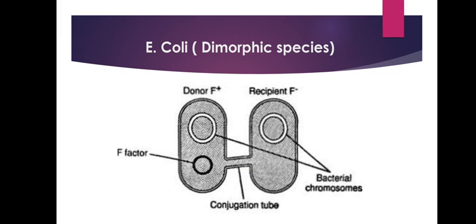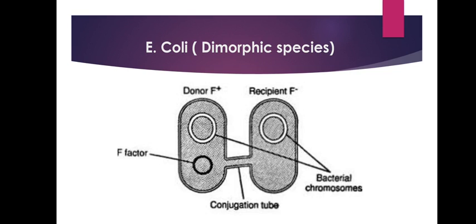Then let's discuss something about E. coli. E. coli is a dimorphic species. Dimorphic species means it contains two types of cells, F positive or donor, and F negative or recipient. Now what are F positive cells? The bacterial cells which contain F plasmid. We have discussed the several types of plasmids.